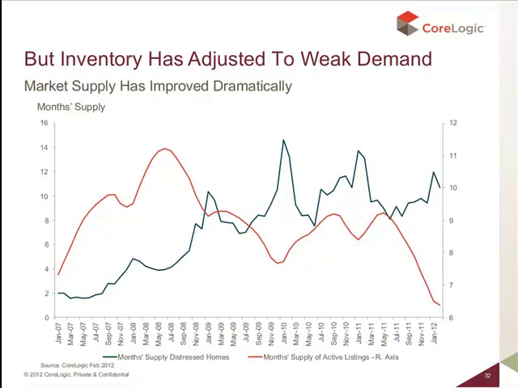That being said, all is not lost because, as I said, while demand is weak, the supply of inventory is also low. So we're actually experiencing quite balanced markets at very low physical levels. When we measure month supply, we can see that we're down to a month supply of 6. It's quite healthy. It was much worse back in 2008, when we had 14 months supply. Of course, that's why house prices were falling so dramatically.